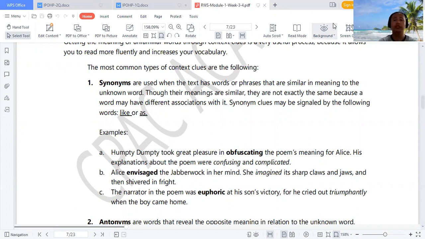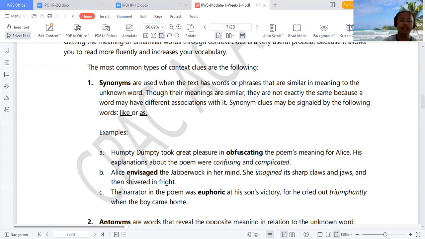The synonym word here is imagine. Alice envisaged or pictured the Jabberwock in her mind. So she imagined its sharp claws and jaws, and then shivered in fright. What do you mean by shivered? Meaning gakurug-kurug.